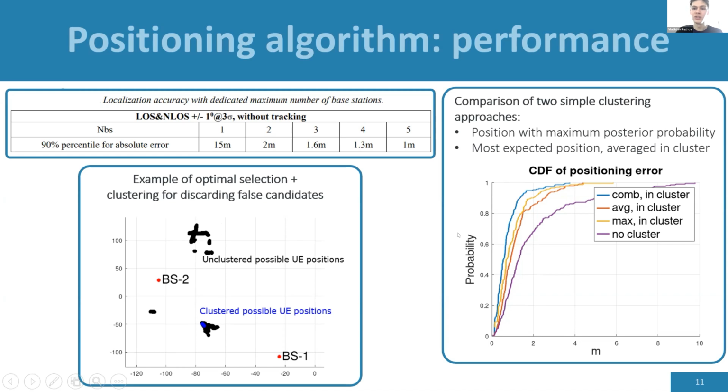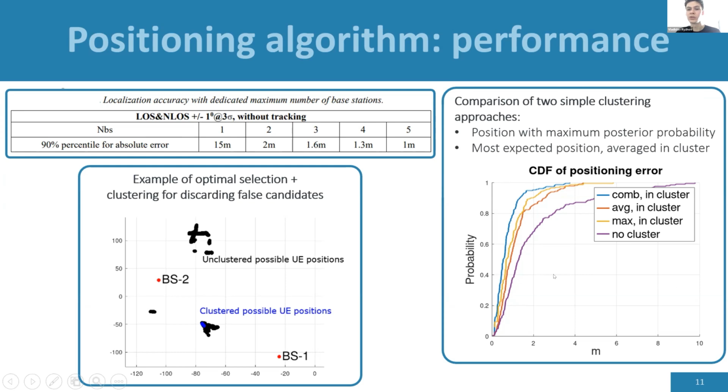On the right side, you can see the positioning probability, the CDF of positioning error after clustering is done. We see it for LOS and NLOS cases in one plot. Of course, most cases are NLOS. And we see that the best strategy is to combine the maximum posterior probability, clusterization, and most expected position maximization, averaging in the cluster.